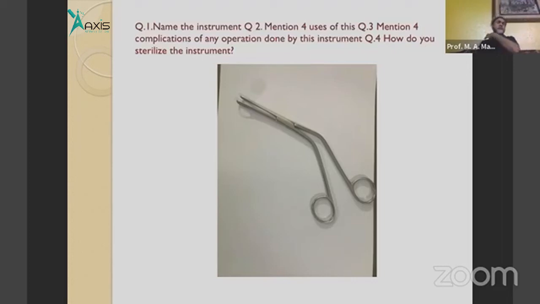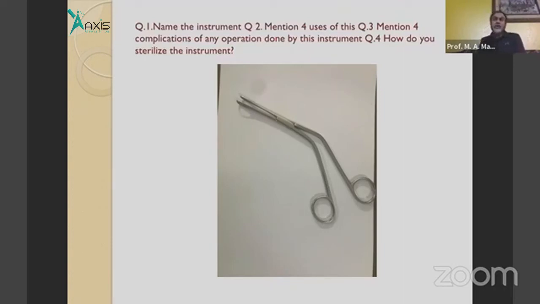what are the other uses of tonsil holding forceps? Anything you can hold with this, during other procedures we can use this tonsil holding forceps. But classically, we usually use it in tonsillectomy operation. We can use it in antrochoanal polyp operation. Okay, these are the two.